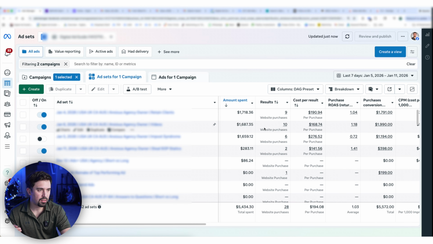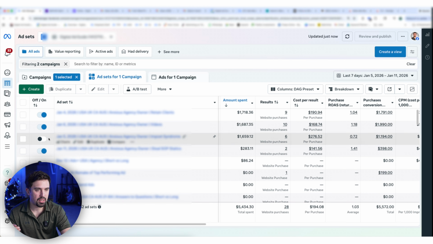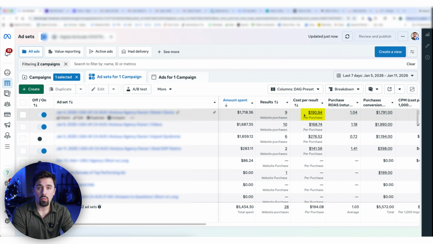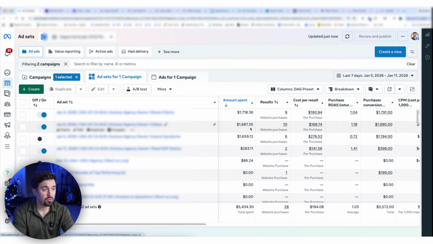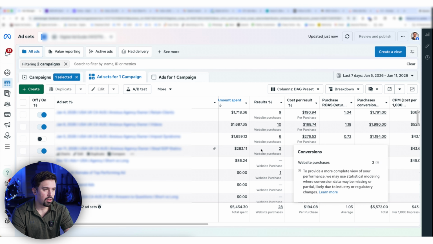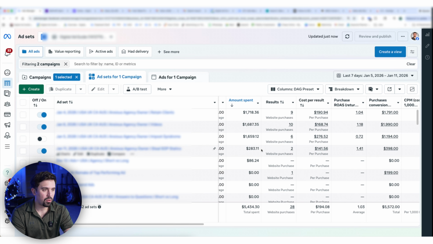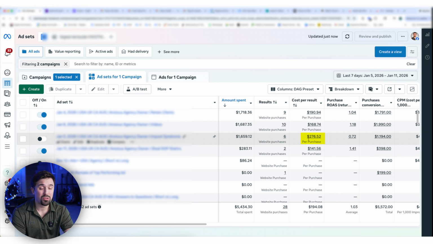So we can see I have basically 3 ad sets live right now. This top spender is at a 190 CPA, which is a little high. The second one is at 168 CPA, which for me is good. And then the other one is at 141 CPA, which is very good. Okay. And I had one on here that was at 276. So you can see this one was driving my average CPA up.